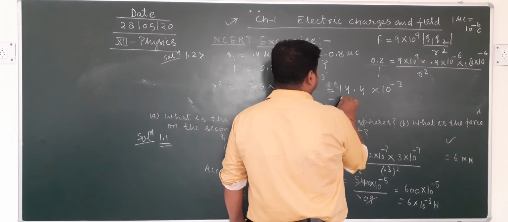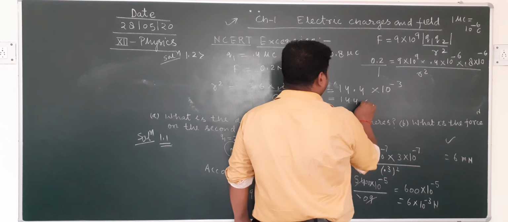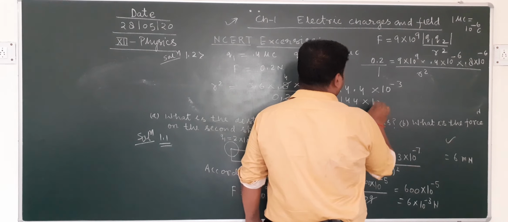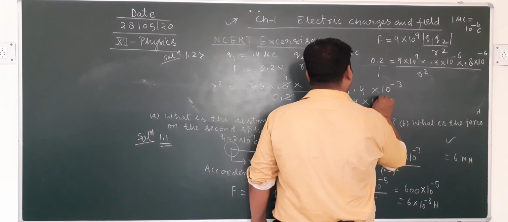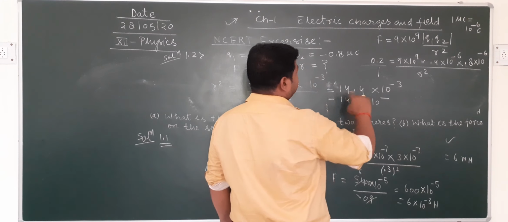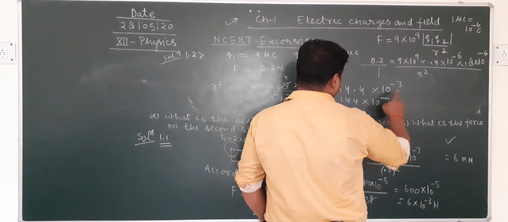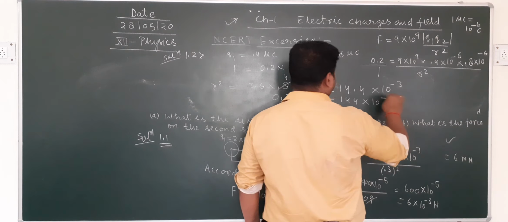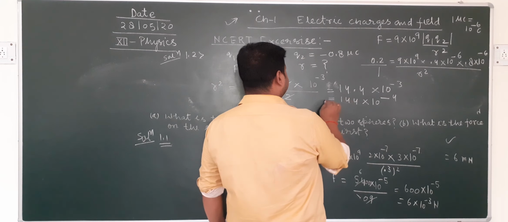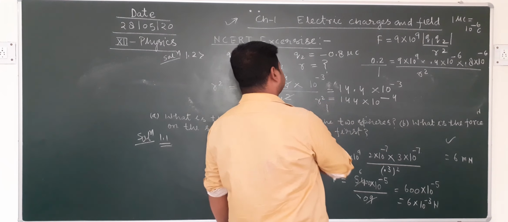Again after simplification we write here 144 into 10 raised to power minus 4, as the decimal is placed on the right side. Clear? So this is the value of r square, not r.